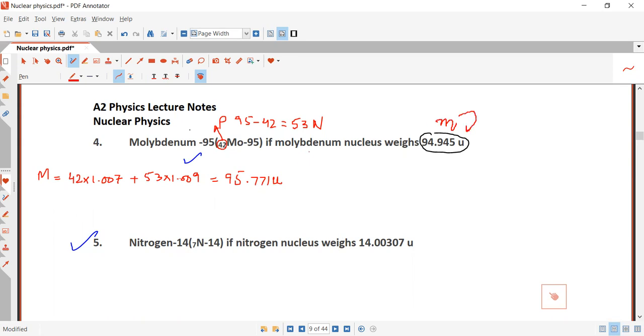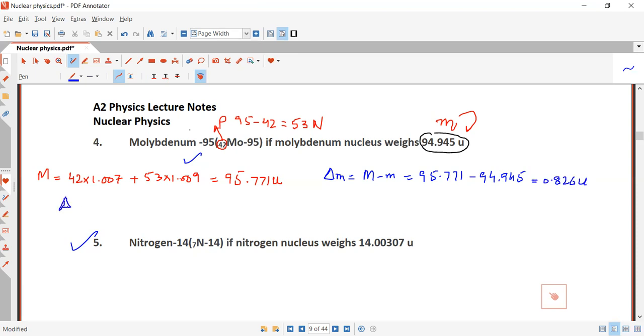Now if we want to calculate the mass effect, delta M equals capital M minus small m, which is 95.771 U minus 94.945 U. So it is 0.826 U. This is the mass effect of the molybdenum nucleus.